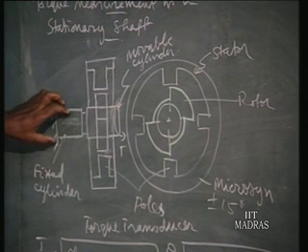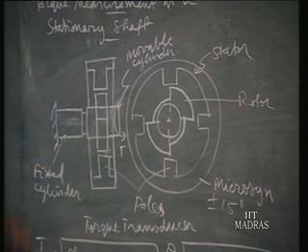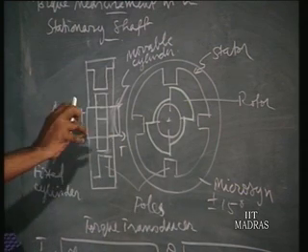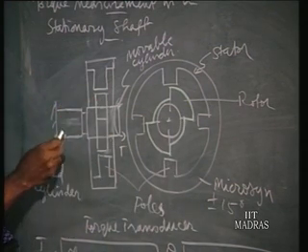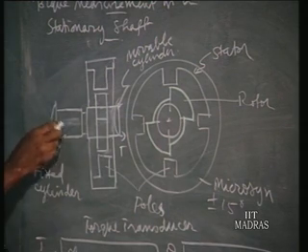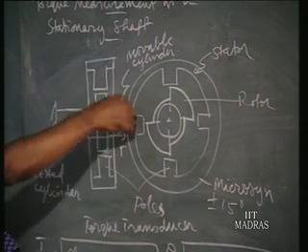So now if you hold one cylinder and rotate the other cylinder, that rotation is proportional to the torque. If you apply more torque, it will also rotate more with reference to the other cylinder. You can hold any one cylinder. One of the cylinders is fixed, and on the other cylinder the torque is applied.